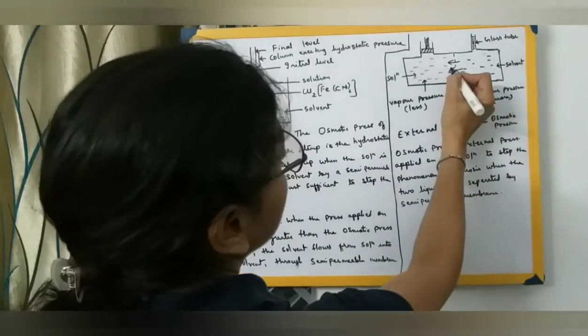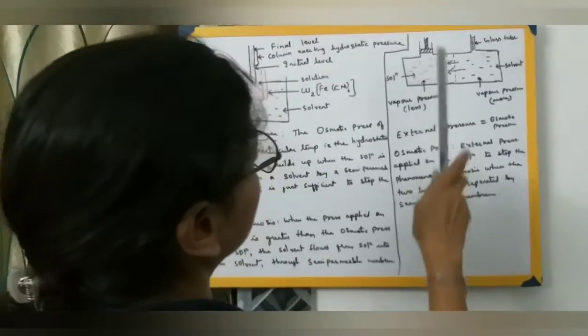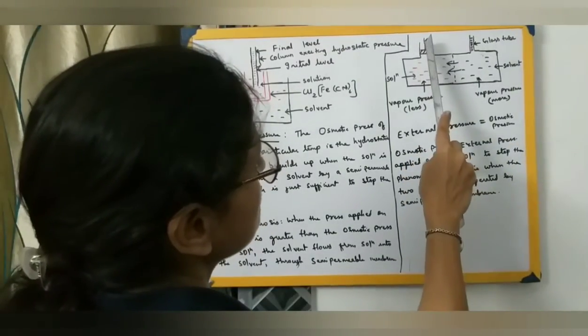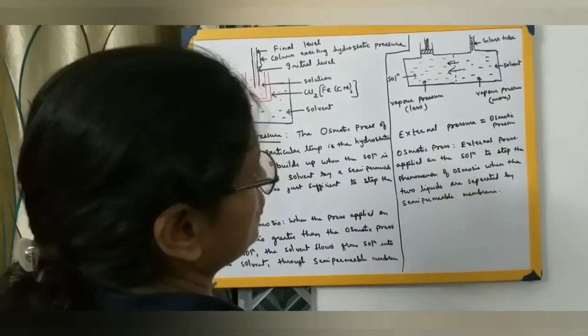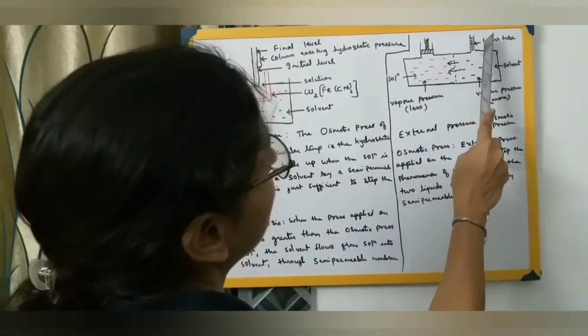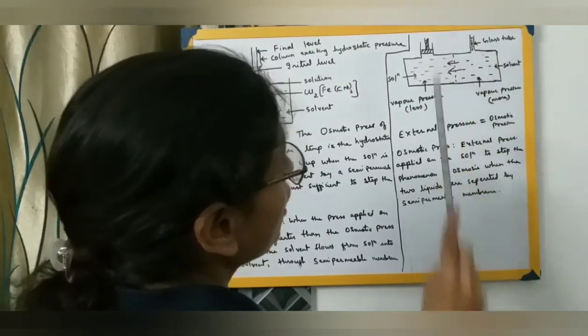Okay. Now what we do is, we have arranged a piston over here. With this piston we apply some pressure, and as the pressure has been applied, we'll find that the movement of the solvent molecules over here will stop.